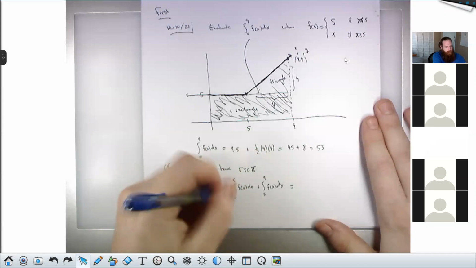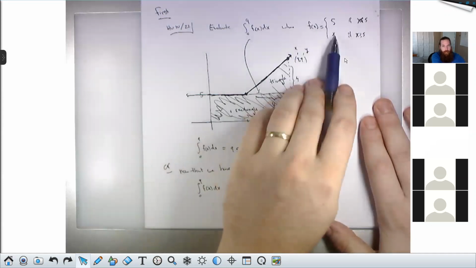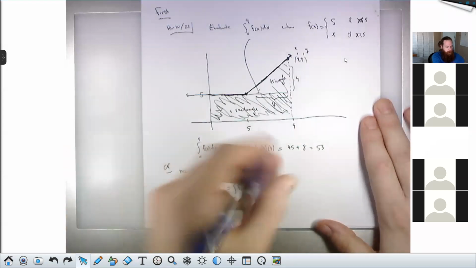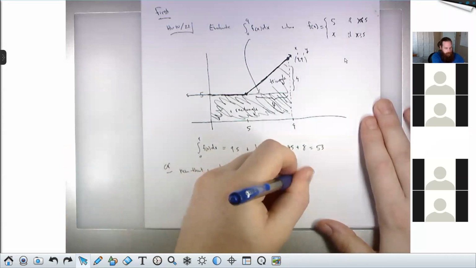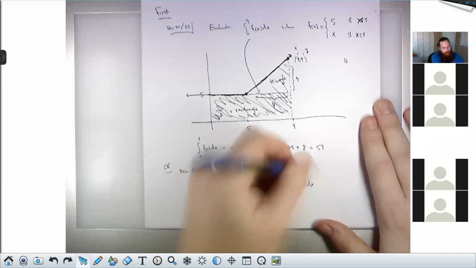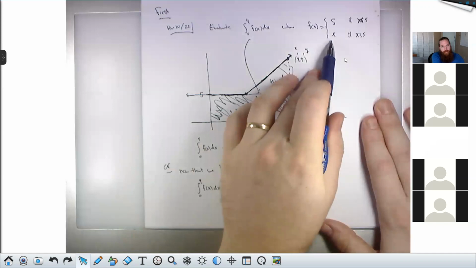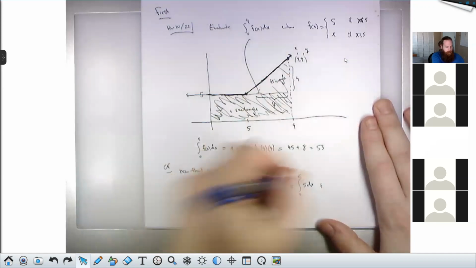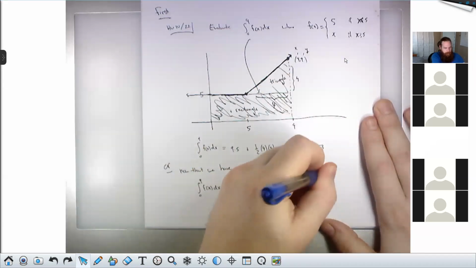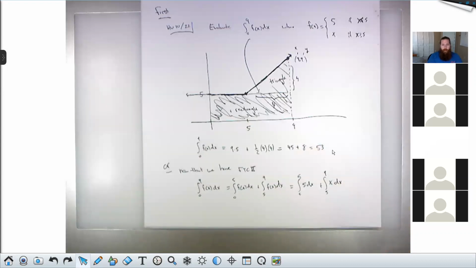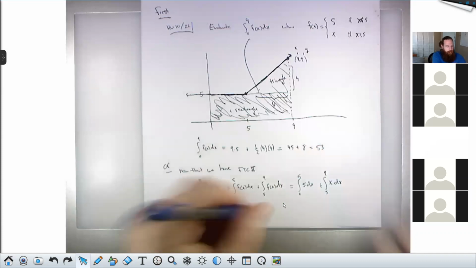The integral from 0 to 5 would just be of the function 5, because f of x there is equal to 5. And for this piece from 5 to 9, I would be integrating the function x, because if x is bigger than 5, f of x is x. And we know how to do these now. Now that we have FTC2, we could find an antiderivative.